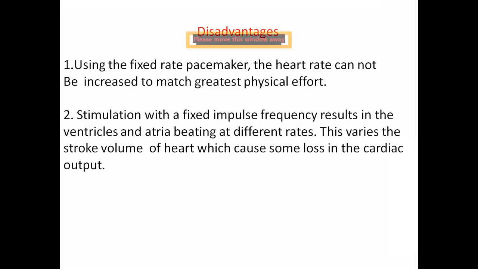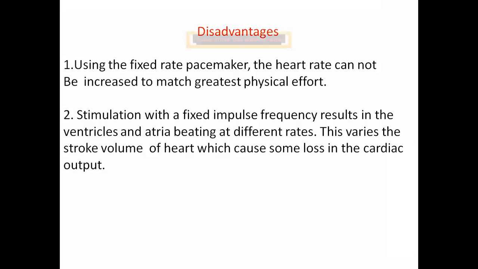Stimulation with the fixed impulse frequency results in the ventricles and atria beating at different rates. This varies the stroke volume of the heart, which causes some loss in the cardiac output.